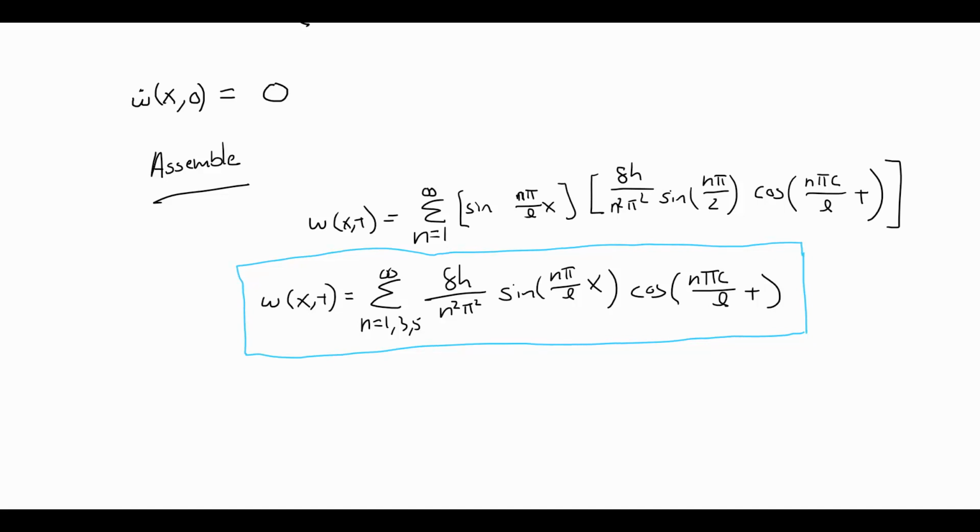We're going to plot it in MATLAB in a second, but some things we can look at here. As the value of n increases, we have that n squared in the denominator of this function. So that amplitude, that 8h over n pi squared, is going to get smaller and smaller as n gets larger and larger.